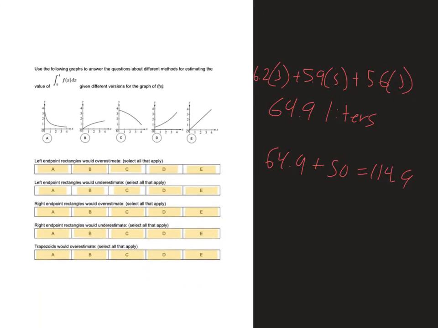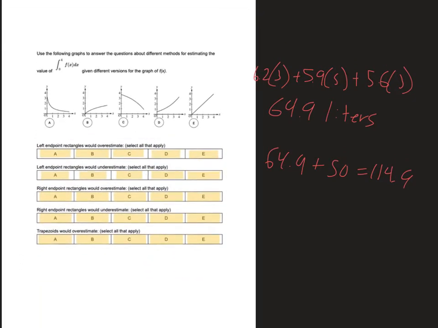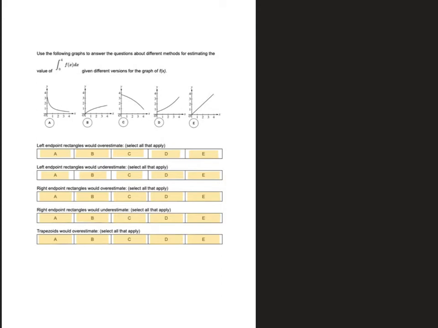Question number 2, go ahead and get rid of all this. Of course, you can pause, rewind, go back if you need to see that again. Question number 2 gives us this definite integral from 0 to 4, which would be, of course, the exact area underneath f of x from 0 to 4.